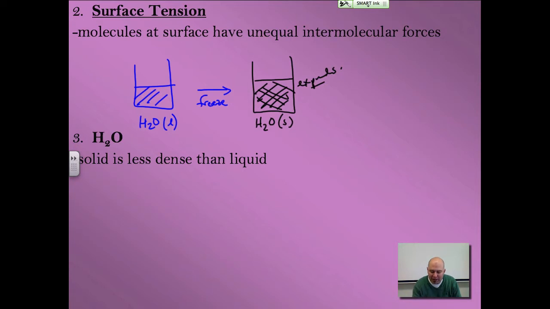The reason is because water molecules, when they're in the liquid state, although they have intermolecular forces, are pretty much all randomly located. They're kind of all over the place, held pretty tight by very strong intermolecular forces because it is hydrogen bonding, but they're random.